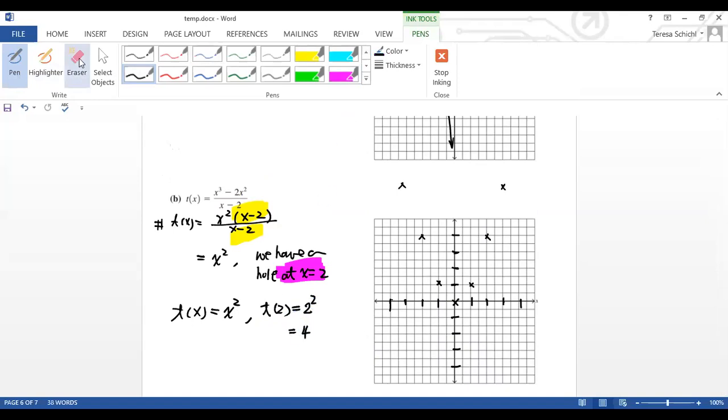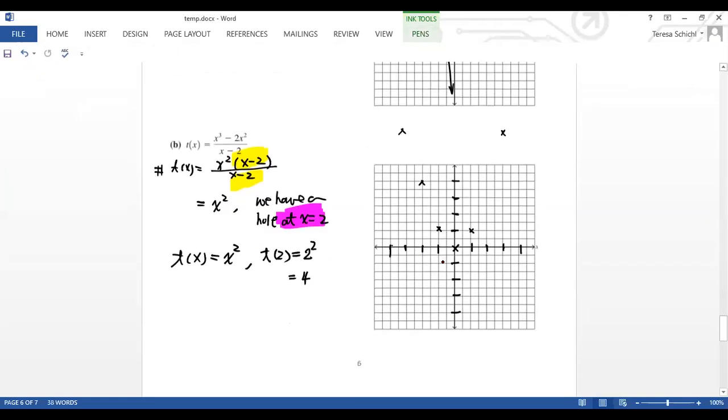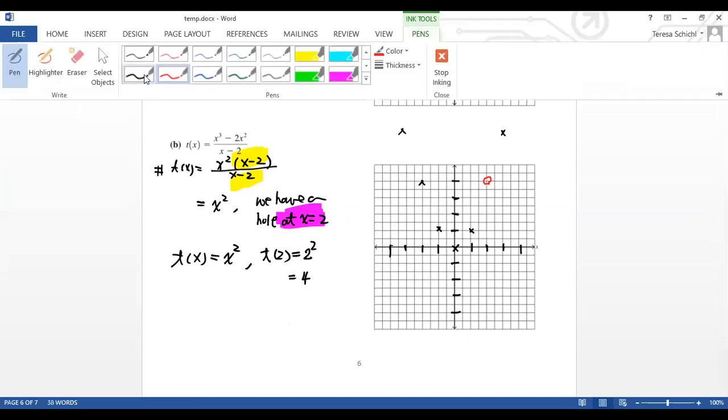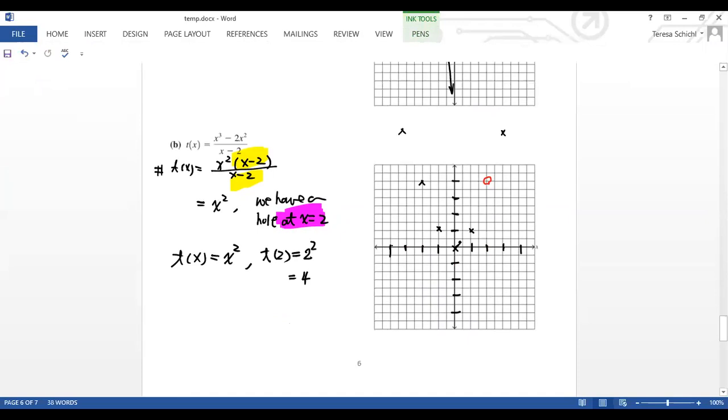So at this point, instead of a solid point, this point is a hole. So 2, 4 here is a hole instead of a point. Now I can connect my points.